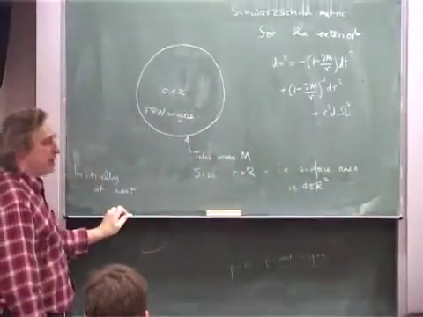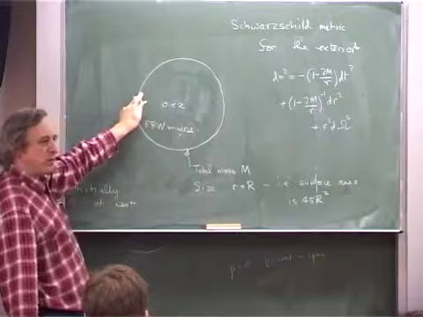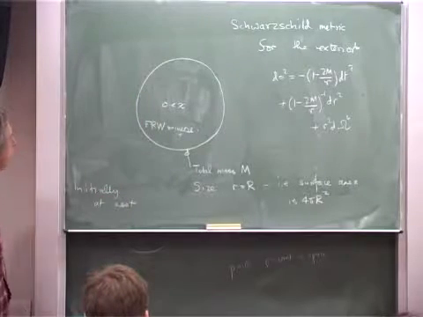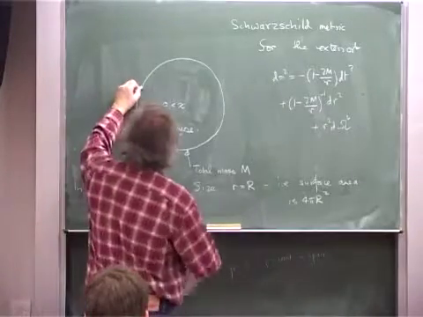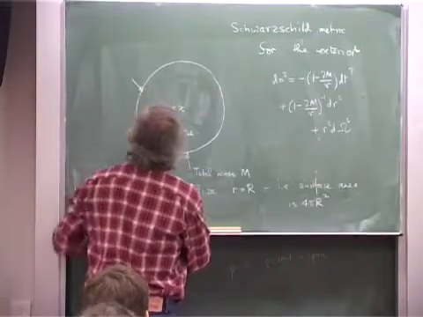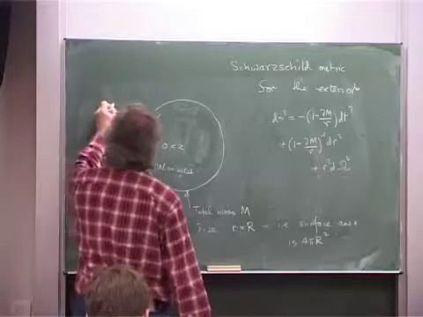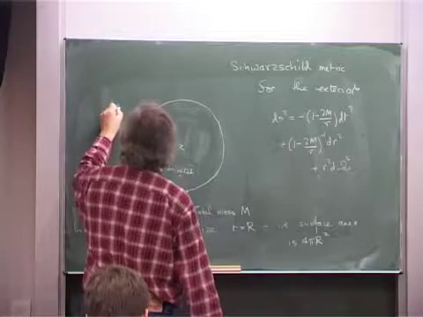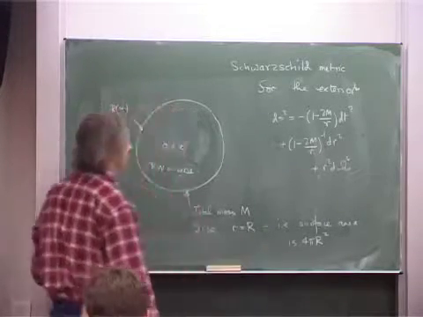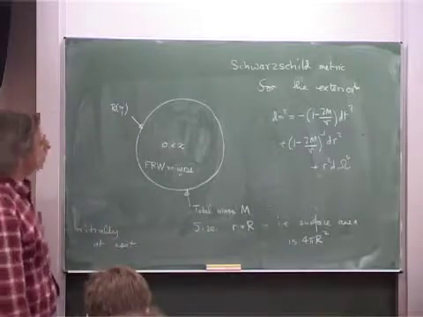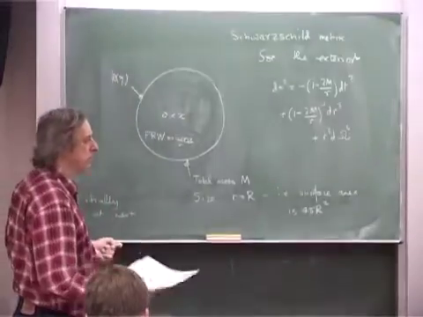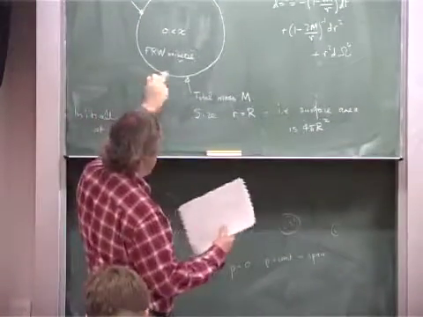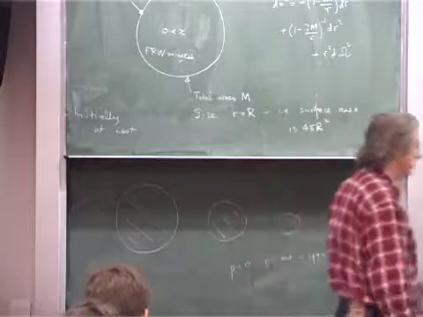Well, you've got to match up the metric on this surface to the Schwarzschild metric. How do you do that? Well, this is a surface of R as a function of eta. So what you can do is you can take the Schwarzschild metric, substitute in for R and eta, and you'll end up with some 3-metric describing this surface for all time.